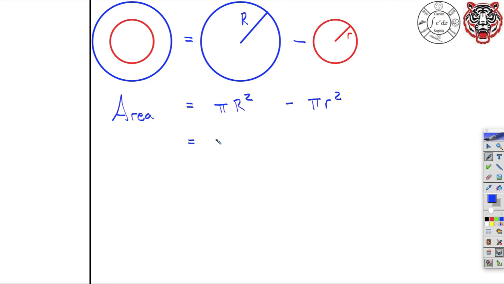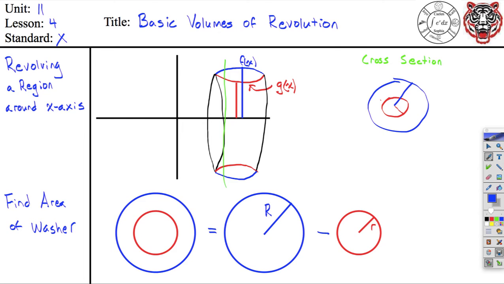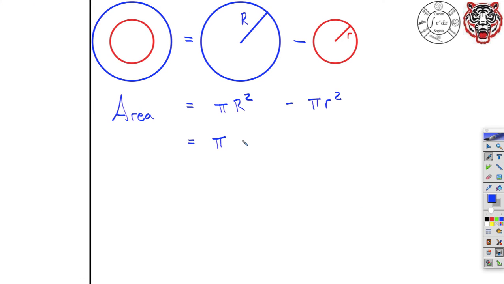And we know from Joy that capital R is just this length of f of x. So we can substitute in for capital R, f of x. So f of x, all of f of x, in parentheses, squared, minus pi times, and this is g of x over here. So g of x, I guess I should have color coded this. G of x, that quantity squared.